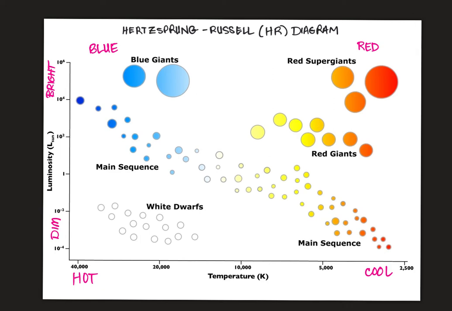And lastly, if you just look at how big the stars are in general, the big stars are going to plot on the top of the diagram, and the small stars are going to plot on the bottom of the diagram.